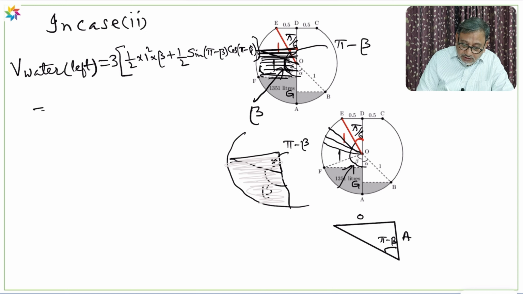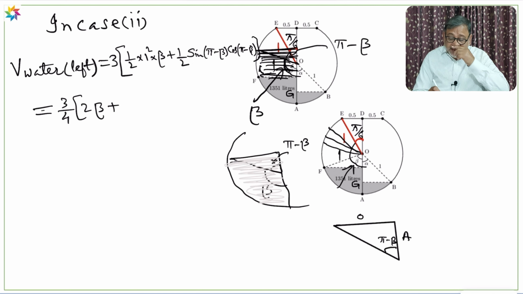I hope you understood this. Again I will write 3 by 4 outside, so that inside I can write 2 beta plus, now look here, here also I will multiply by 2 and divide by 2, so that I get sine 2 beta and cos beta.